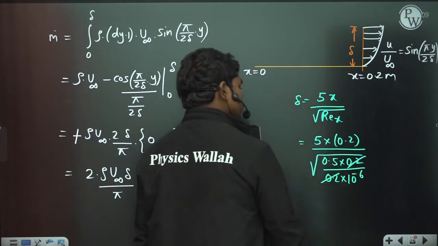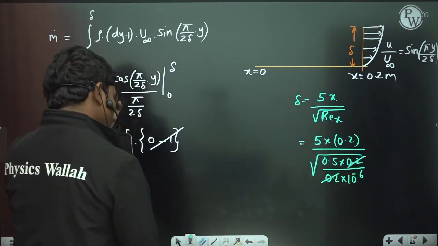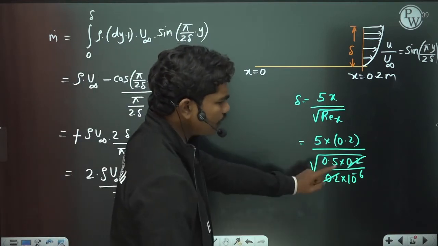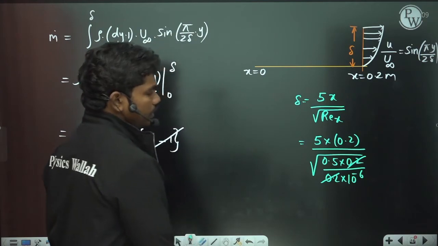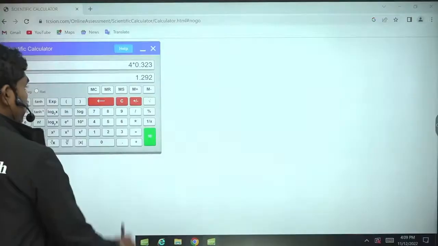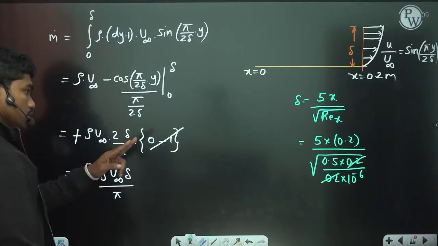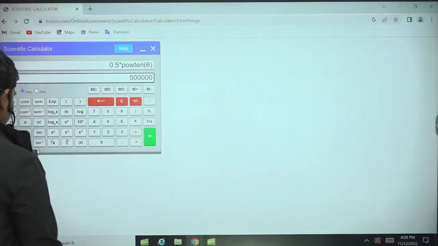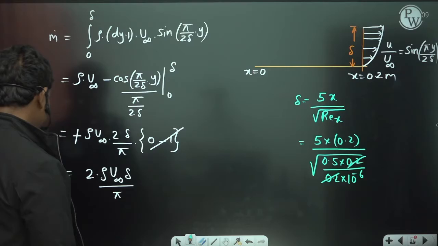Let us simplify the values, we can get the answer first of all. So 0.5 into 10 to the power 6, and you need to take the square root of that.